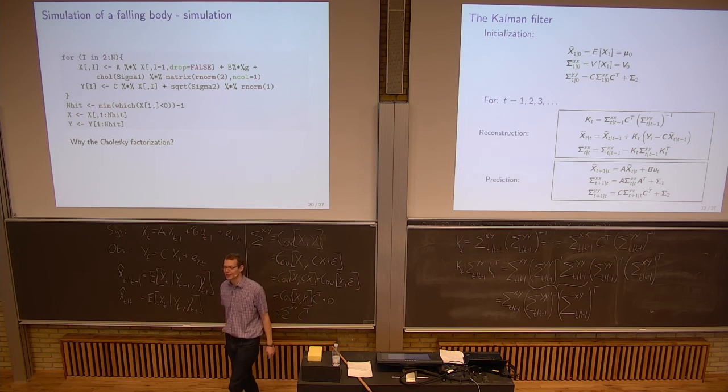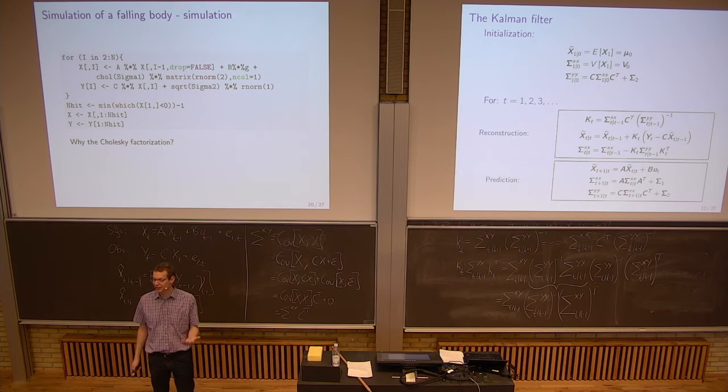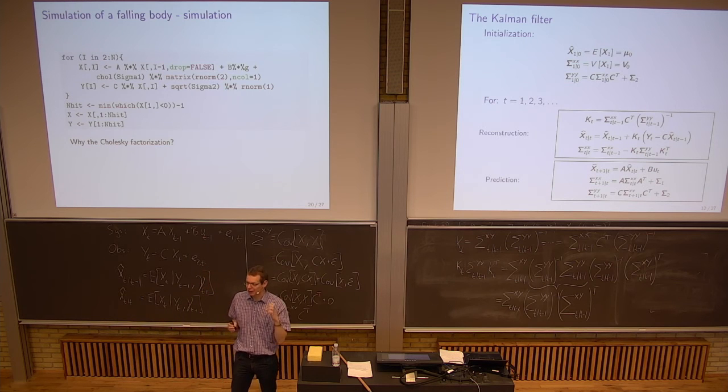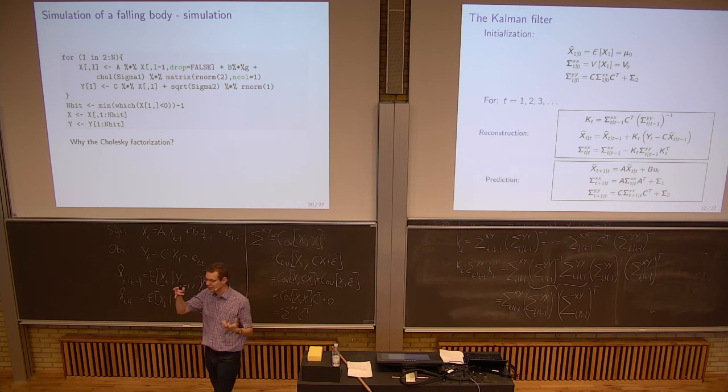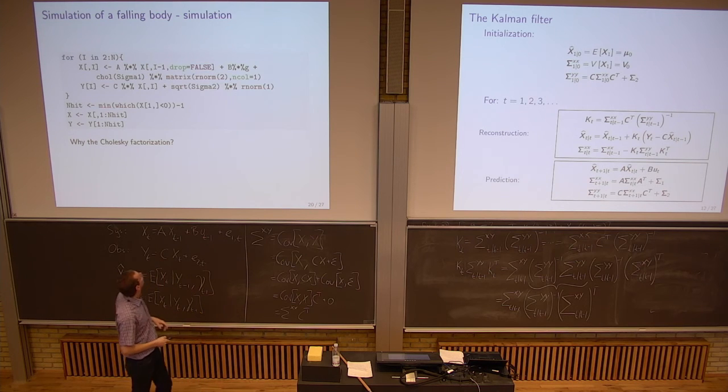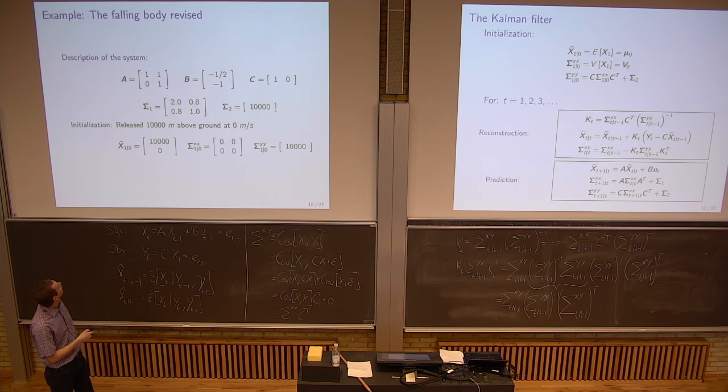Yes, fully agreed. Basically, the challenge is we need to generate a multivariate random normal vector. But what we can do easily is to generate elements, but they're correlated. It's a bivariate system. So we need to respect the correlation structure that we have here.